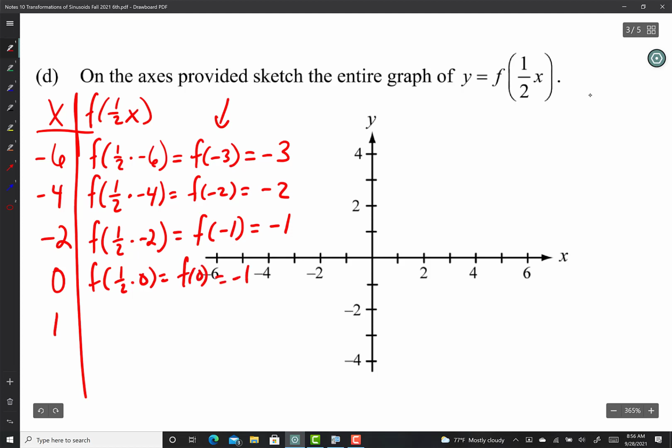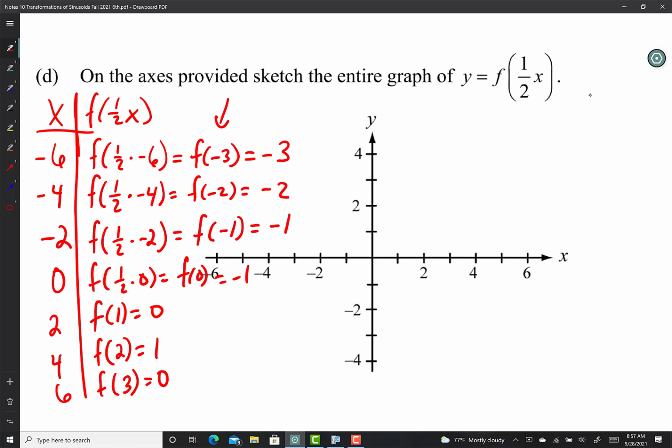Let's see, f of 2. I'm just going to put the answer for the rest, guys. f of 2: 2 times half is 1, so f of 1 is 0. Half of 4 is 2, and f of 2 was 1. Half of 6 is 3, and f of 3 was 0.